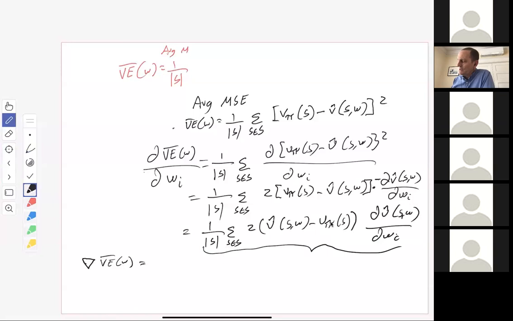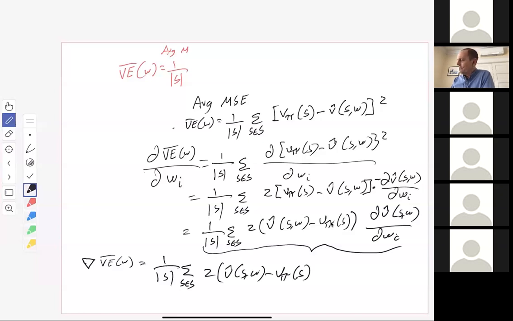So we can pull this out and just say this is going to be 1 over S times the summation of S in S times 2 times V hat of S, W minus V pi of S, and multiply that all times what's going to end up as a vector of V hat derivatives.